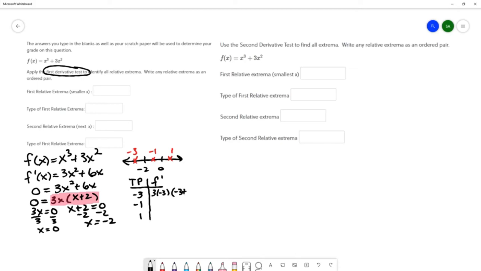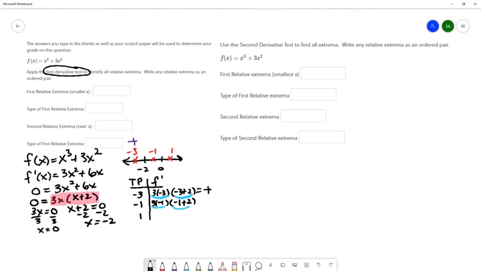-3 plus 2. So this factor is negative, this factor is negative, so a negative times a negative is a positive. So we have positive on that interval. The next test point, 3 times -1 and -1 plus 2. This factor is negative, but this factor is positive.